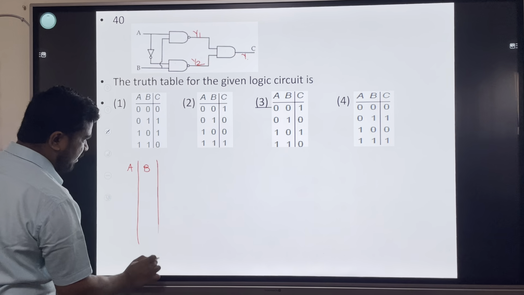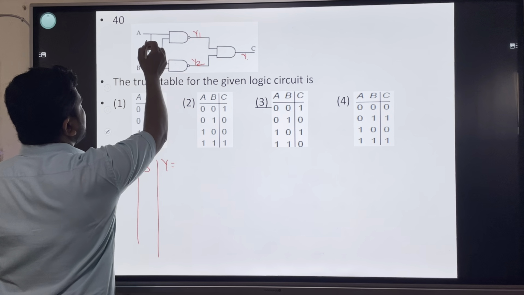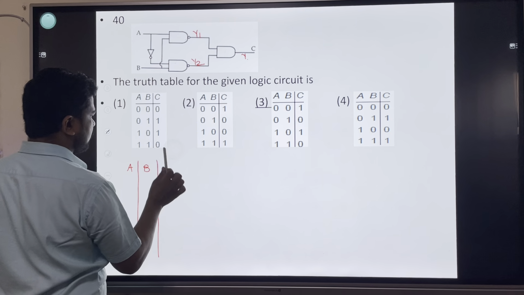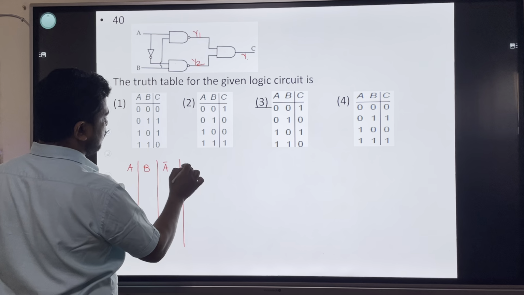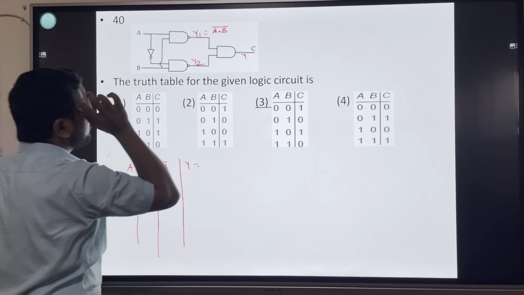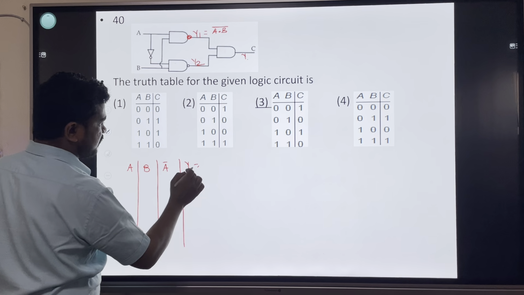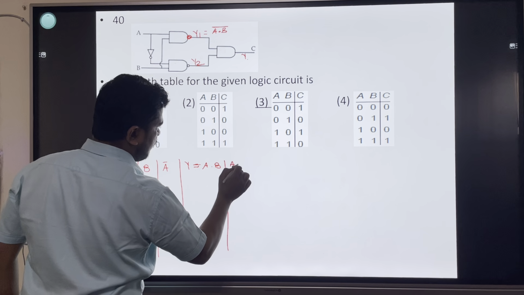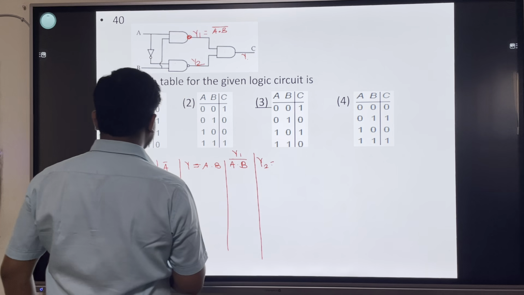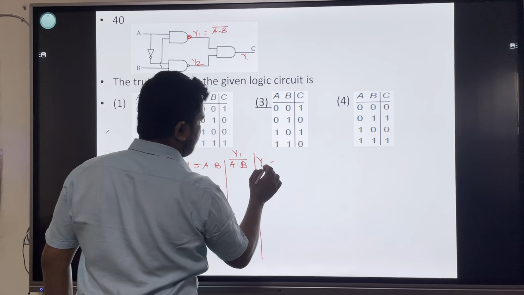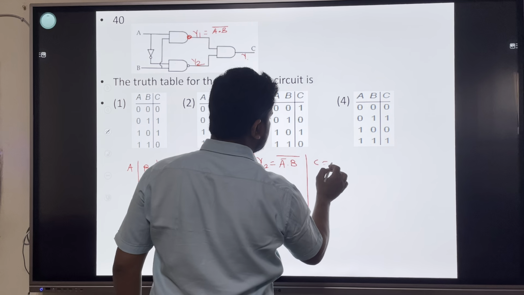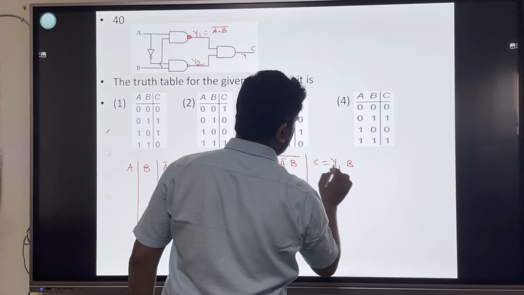A, B, y1: what is there? We need A negation also, A bar. y1 is equal to the negation of A and B, that is A dot B negated. What will come in y2? A bar dot B bar, and its negation. Finally C is equal to y1 dot y2.